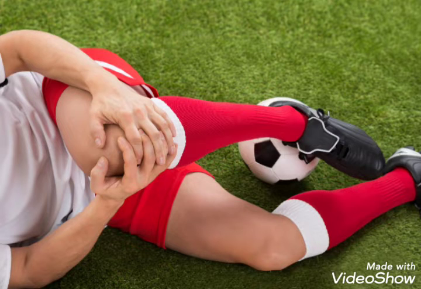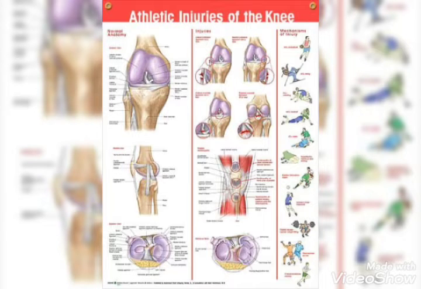Hyperextension injuries happen in sports when there is wrong footing, or when the athlete happens to strike something with his knee by a fall, or sometimes by a collision with the opposite team's player.